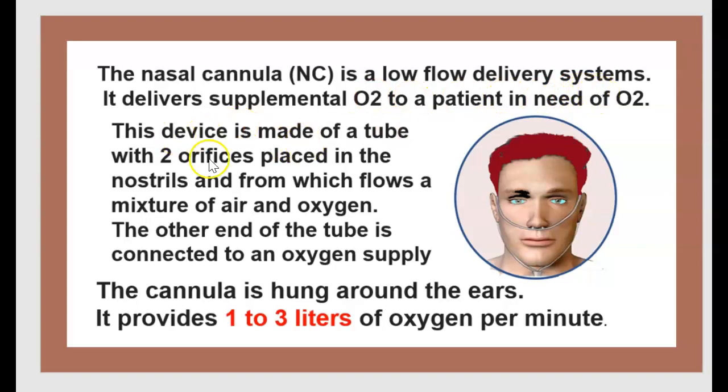This device is made of a tube with two orifices placed in the nostrils, from which flows a mixture of air and oxygen. The other end of the tube is connected to an oxygen supply. The cannula is hung around the ears. It provides 1 to 3 liters of oxygen per minute.